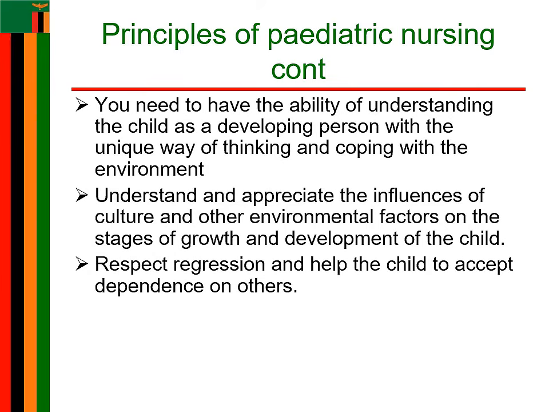Make sure that you respect regression and help the child to accept dependence on others. When regression occurs, there is need for the nurse to support the child overcome the negative aspects of regression. Make sure that you are part of the solution and not the problem.